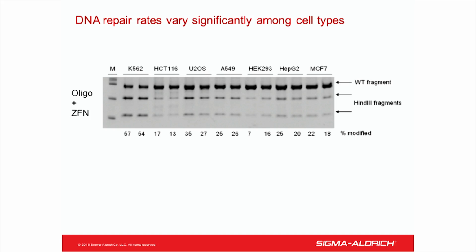With plasmids, MCF7s are horrible. We can hardly detect any HR in MCF7 with a plasmid-based mutagenesis as a donor, but with oligos, it seems to work at 20% levels. So if you're having trouble getting HR to work in your cell type, you might try plasmids and oligos to see if there's a preference for one or the other.